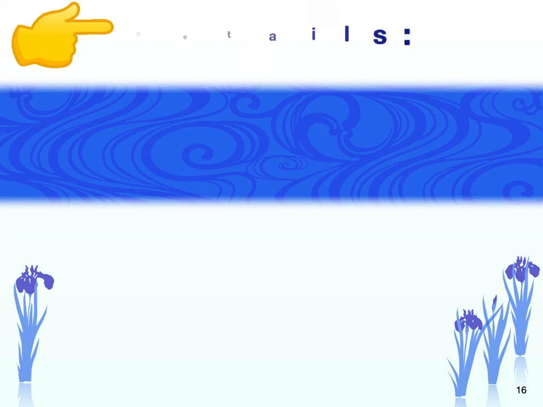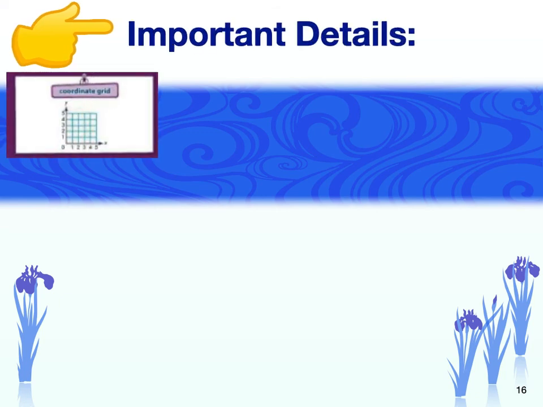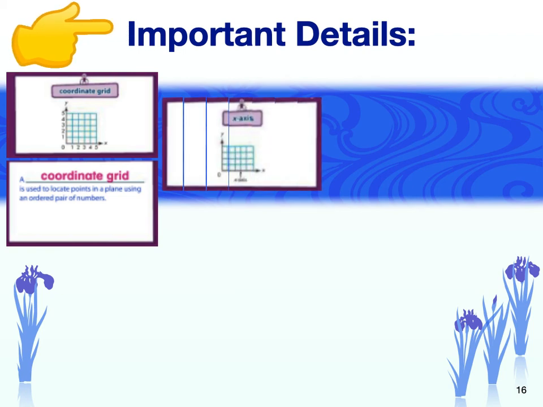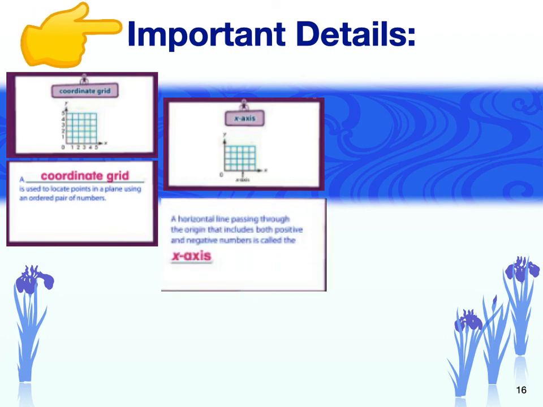Let's have here some important details that we used in the lesson. The first one is the coordinate grid. So what is a coordinate grid? So our coordinate grid is used to locate points in a plane using an ordered pair of numbers. What is the x-axis? So a horizontal line passing through the origin that includes both positive and negative numbers is called the x-axis.